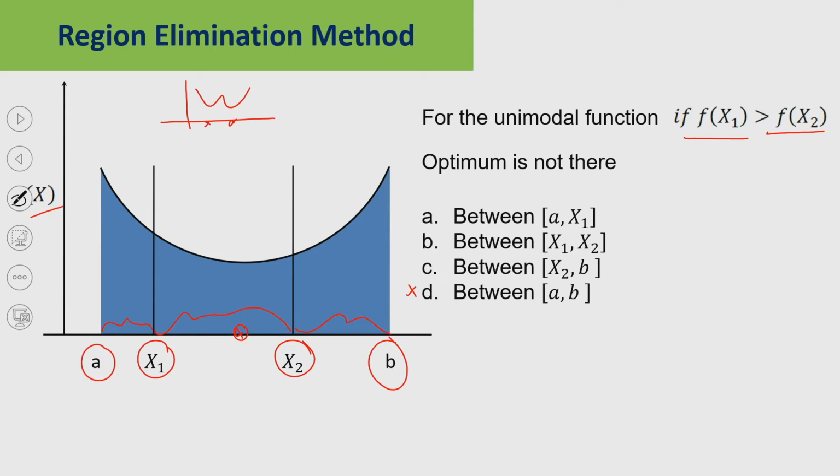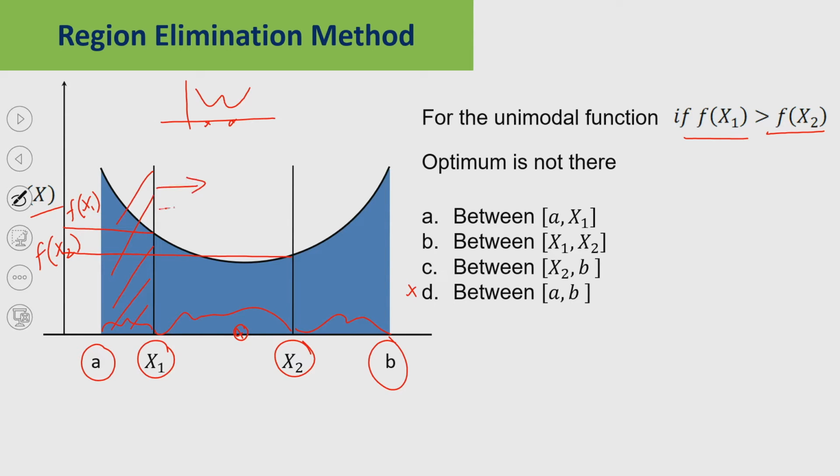This is f(x1) and this point is f(x2). As f(x1) is greater than f(x2), optima is not there in this particular region.